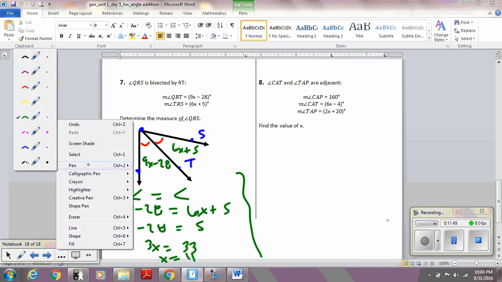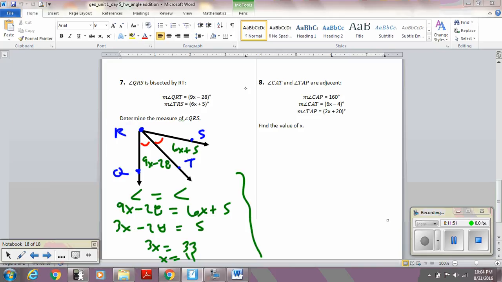Now we're going to substitute that in for x, but I'm only going to do it once, and I'll show you why in just a second. So let's say the measure of TRS, again, is 6x plus 5.